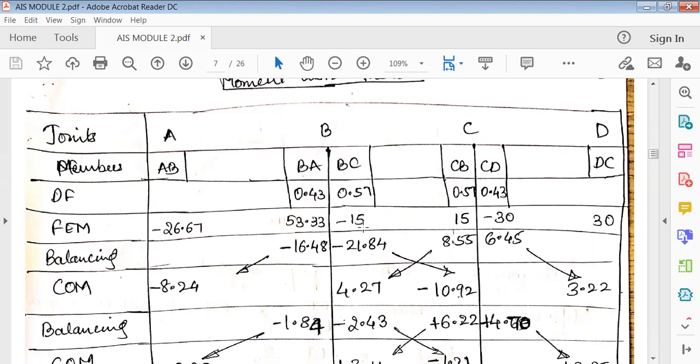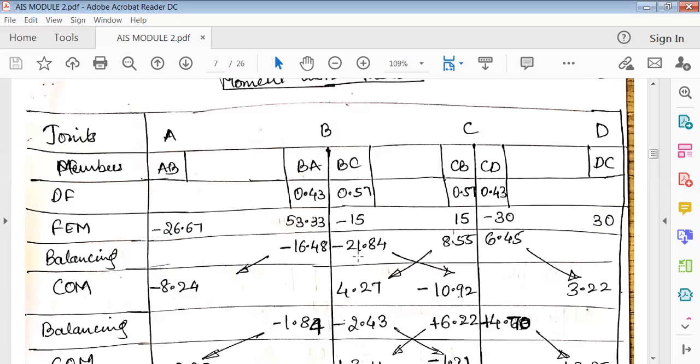Now this 38.33, the answer, is plus. So when you're distributing here, you have to change the sign, so it should become minus first. Straight away write minus on both the sides.